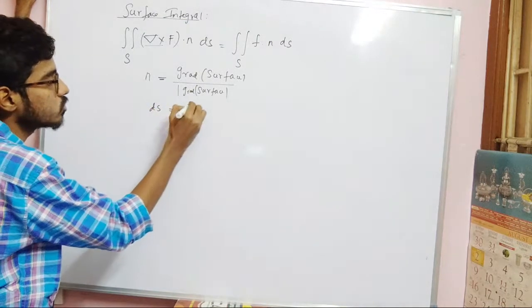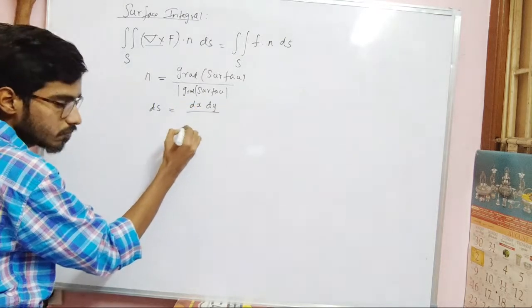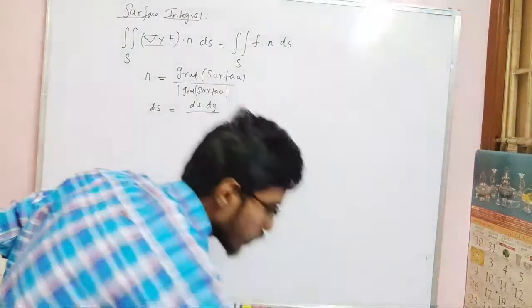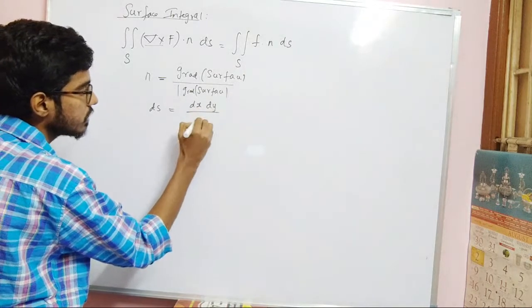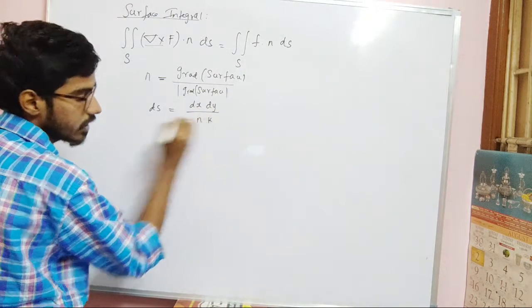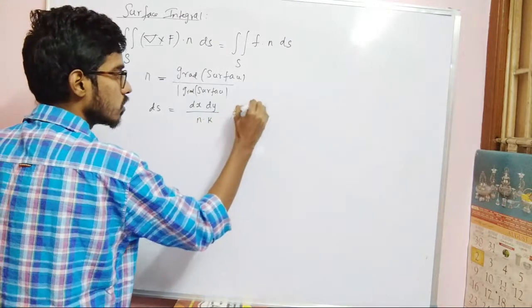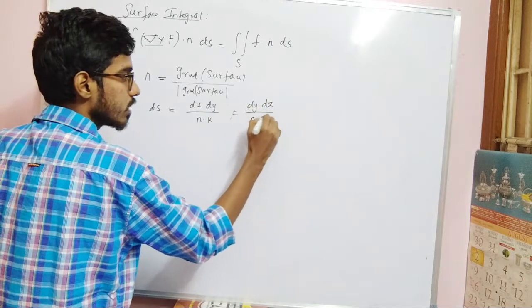And we need to find dS. You can choose dS to be dx dy by modulus of n dot k, if we are missing z. Or you can choose dS to be dy dz by n dot i, since x is missing.